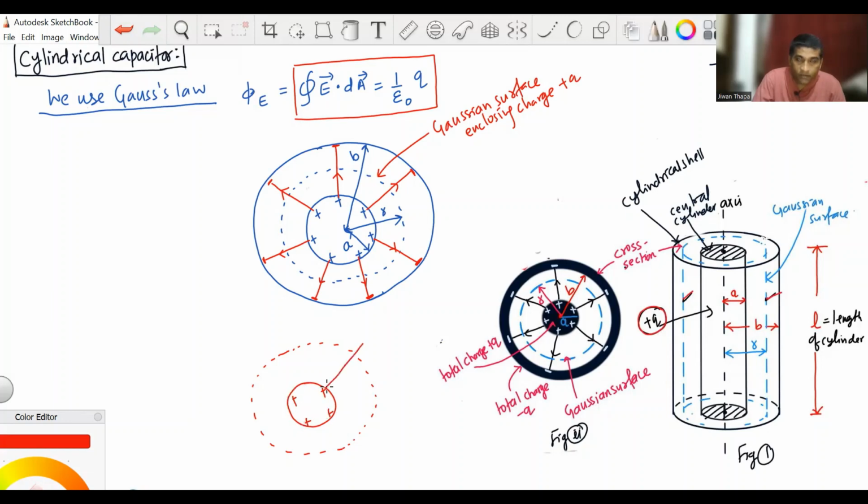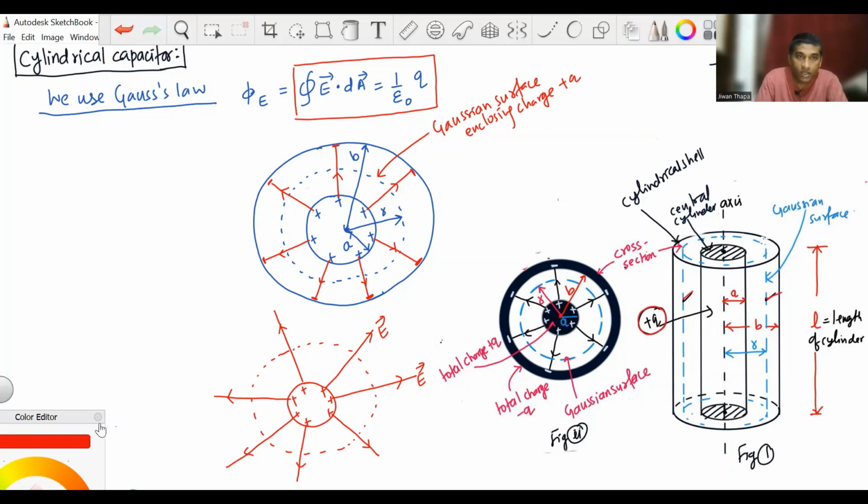Electric field is leaving the Gaussian surface, or electric flux is crossing the Gaussian surface. Clear?